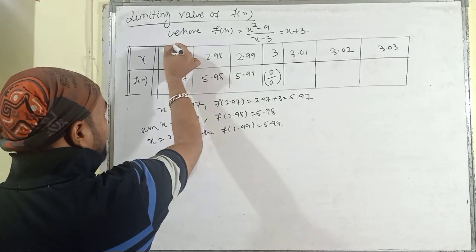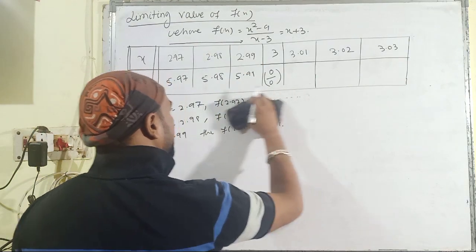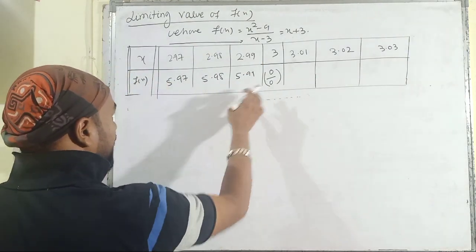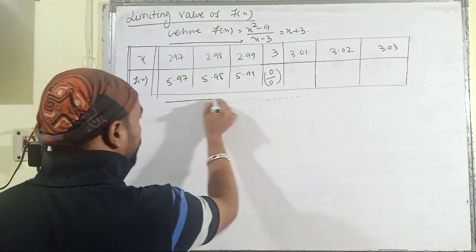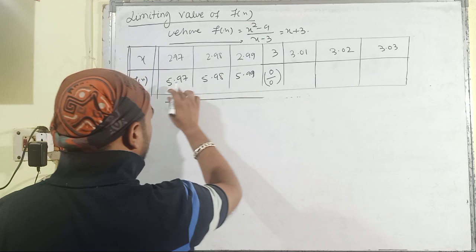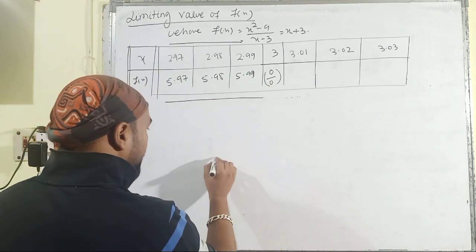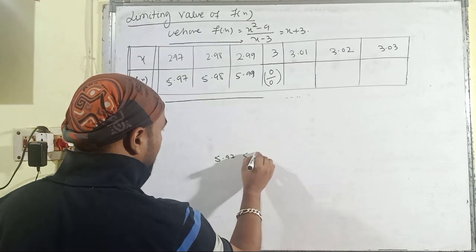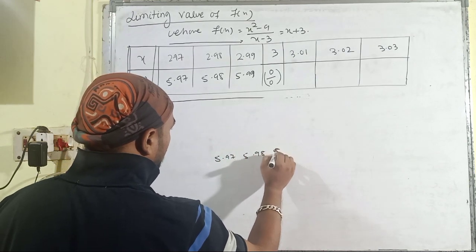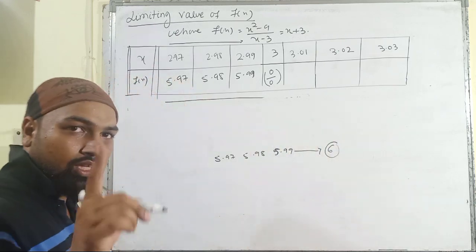So when x approaches 3 from the left hand side, the value of f of x approaches 6, because the values are 5.97, 5.98, 5.99, that means it approaches the integer 6.